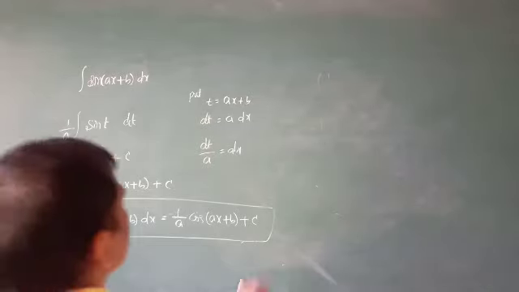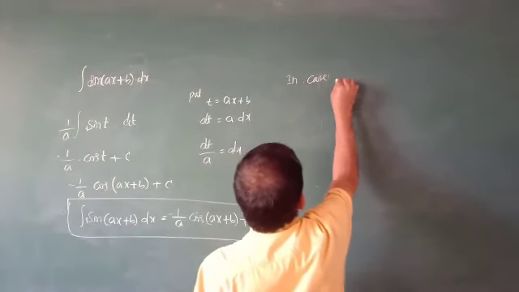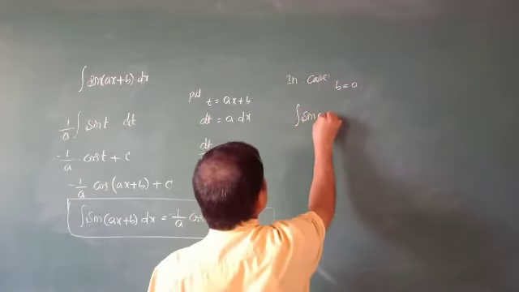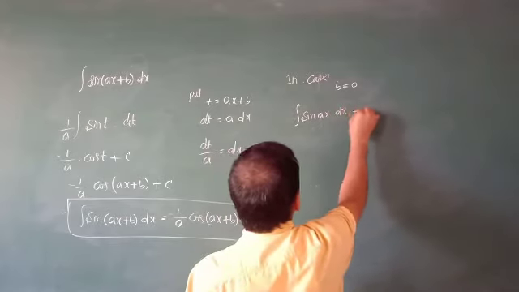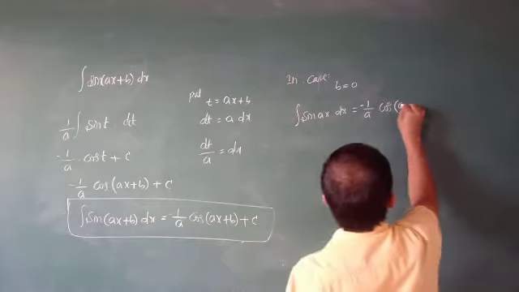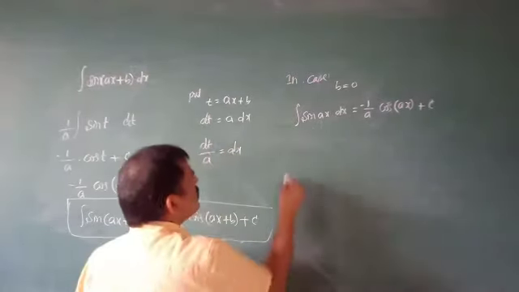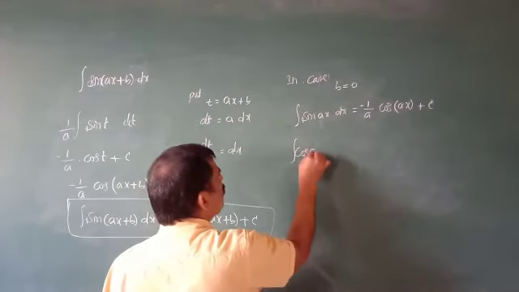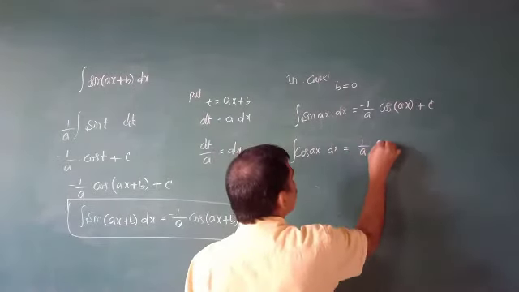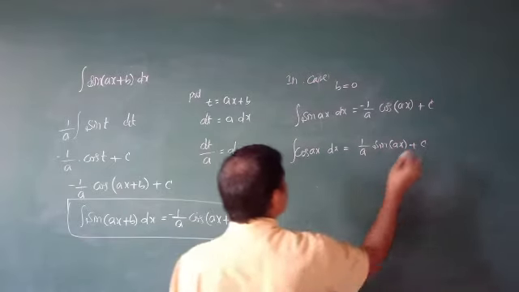In case b is equal to 0, integrate of sine of ax with respect to x is equal to minus 1 by a into cos of ax plus c. Similarly, integrate of cos of ax with respect to x is equal to 1 by a into sine of ax plus c.